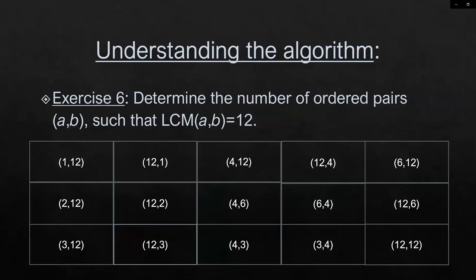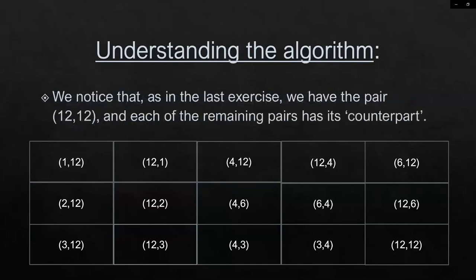Again, if you notice in the example that we did with the 6, we had 1 6, 6 1, 2 6, 6 2 and so on. And at the end we had 6 6.